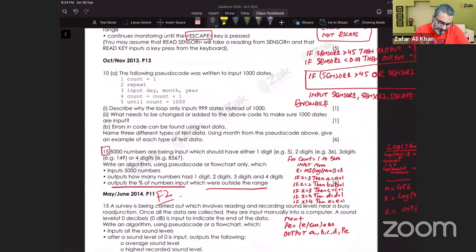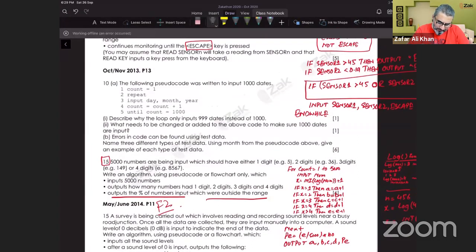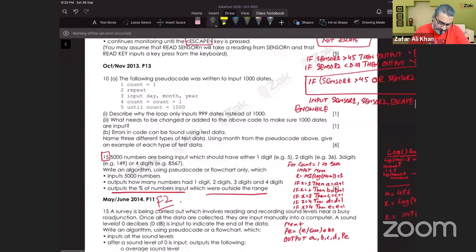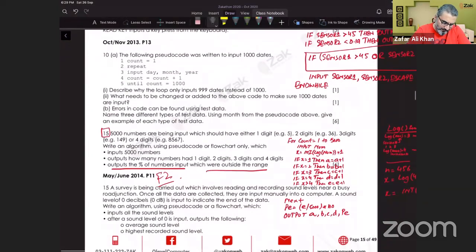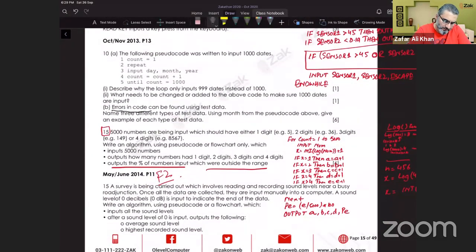Now, describe why the loop. So the following pseudocode was written to input 1000 dates. So it is a repeat based question. Leave it for now. Errors. What else? We will look into these questions separately as a whole in one go.